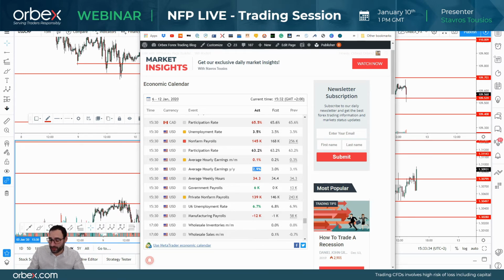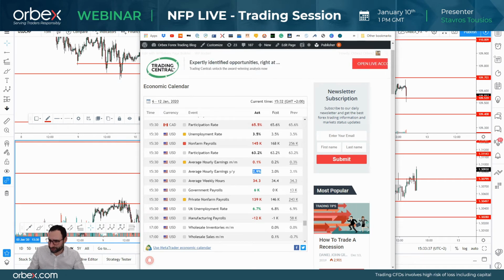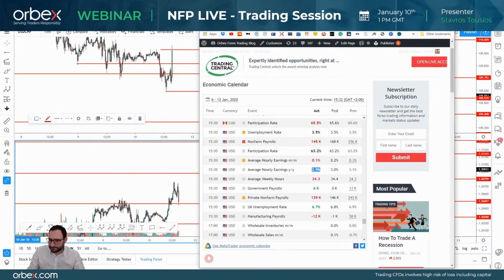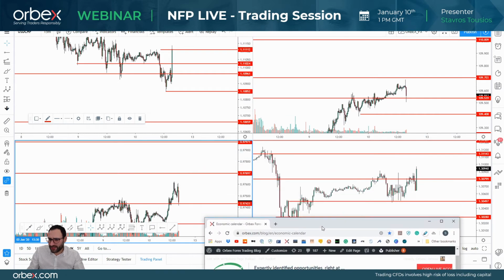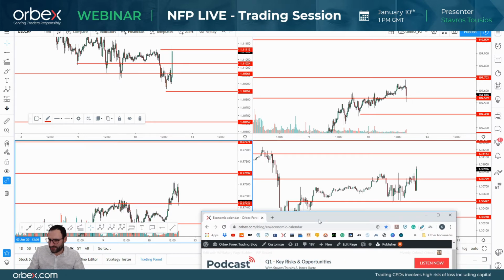Or we saw dollar yen was moving to the upside. Now the dollar Swiss franc is a little bit better, to be honest. I mean, Swiss franc seems to be a bit stronger than the yen.